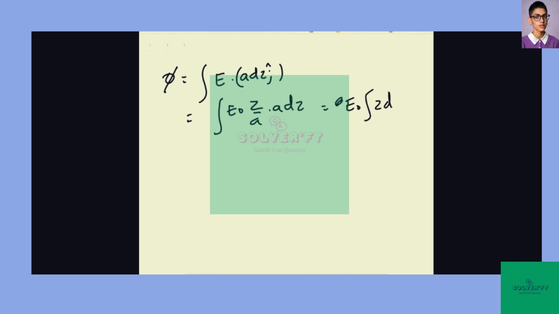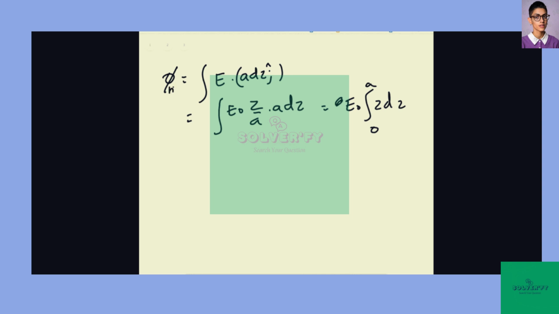So the flux will be the integral of E dot a dz j cap, which will be the integral of E naught z by a into a dz, which will be E naught integral z dz, from 0 to a.